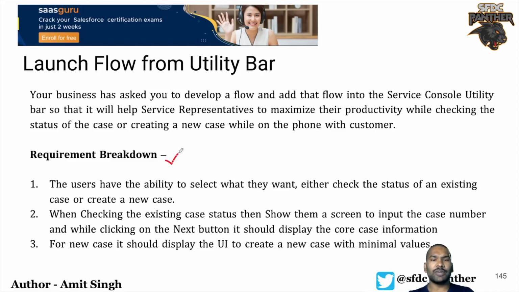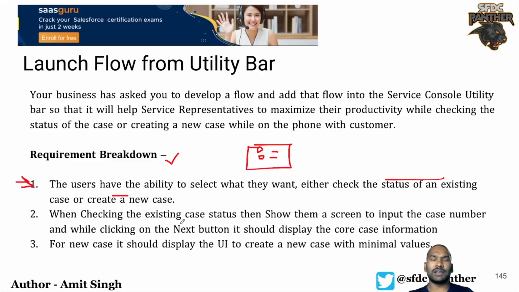This is the requirement breakdown. The business has broken the requirement down into multiple steps. The user should have the ability to select whether they want to check the status of an existing case or create a new case. So on the screen they must have two radio buttons where they say they want to check the status or create a new case.